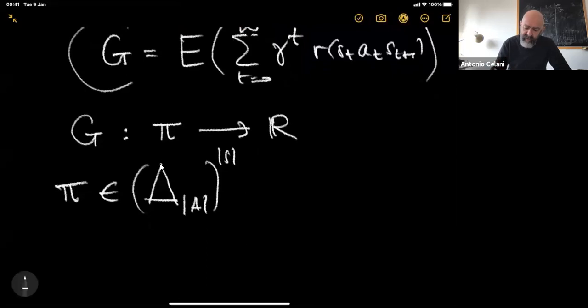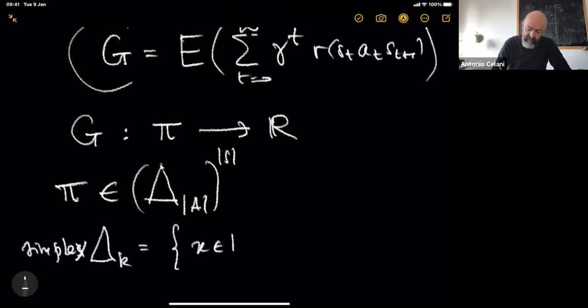Let's be more clear. What is delta K? Delta K for any integer K is called the simplex. It is a set of real vectors x which belong to R^K such that they are all non-negative, so they live in the orthant, as it's called, and they sum up to 1.